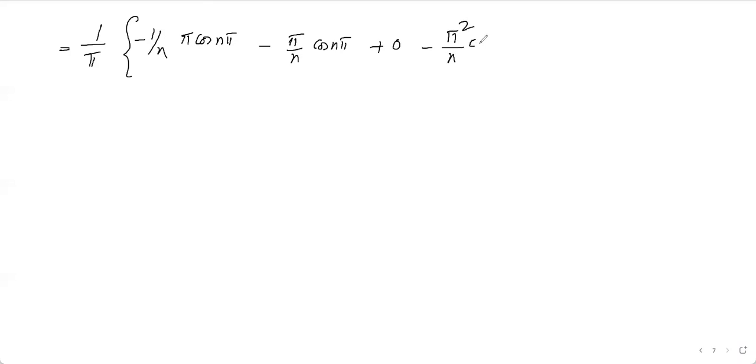Okay. Now let us apply the limits. So 1 by pi integral, minus 1 by n pi cos n pi minus pi by n cos n pi, and this is 0, and this is pi square by n cos n pi plus pi square by n cos n pi.